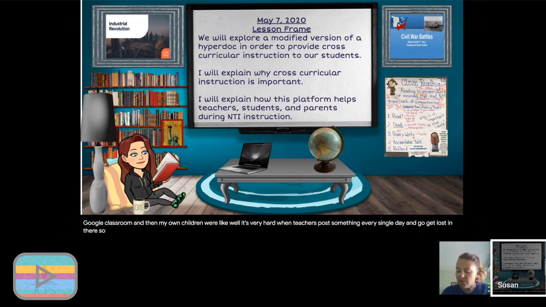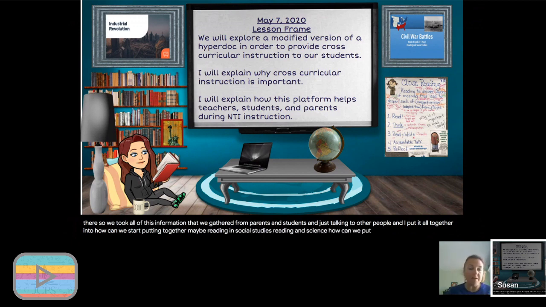So we took all of this information that we gathered from parents and students and just talking to other people and kind of put it all together into how can we start putting together maybe reading in social studies, reading in science. How can we put maybe even input math and all of that?